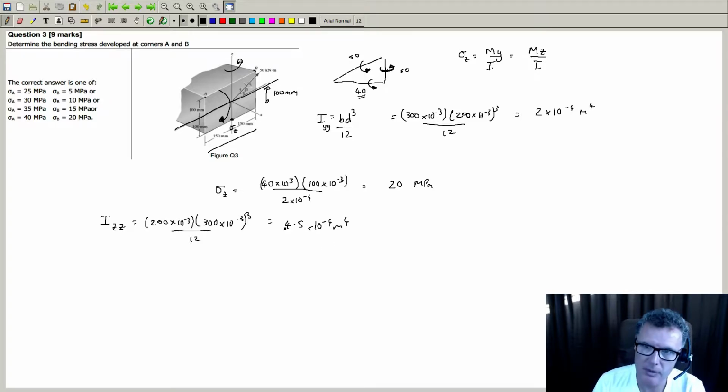So that's that, and we'll call this stress along this y-axis, and we'll call that stress y. So our stress y term will be, we're looking at this axis here, so we're looking at this turning moment here, so we've got 30 times 10 to the 3. We've got to work out the distance from here to here, so that would be 150.